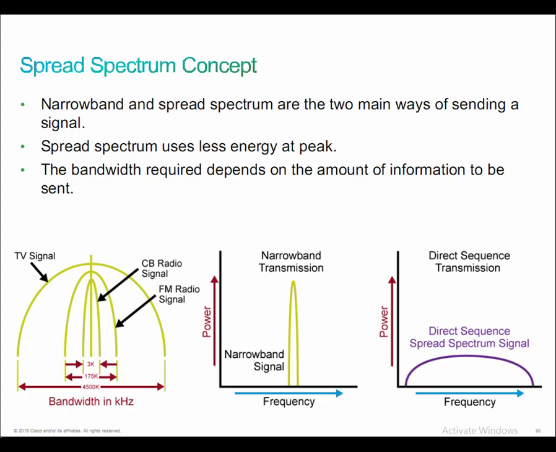The first technique, which is called the frequency hopping spread spectrum technique, the interference source might still affect the signal if it's wide enough or if it's powerful enough, and it's very difficult to predict what frequencies that interference will occur for that particular signal.